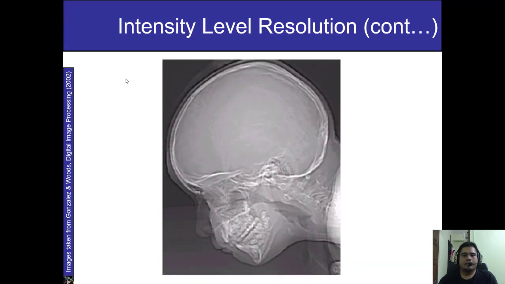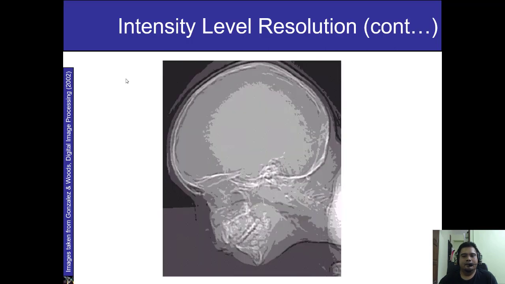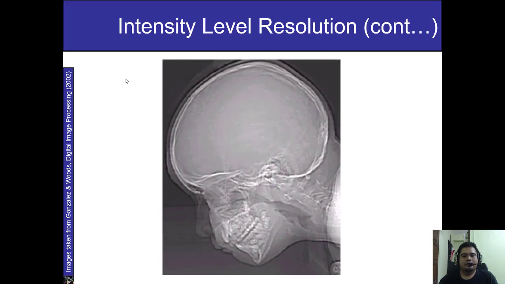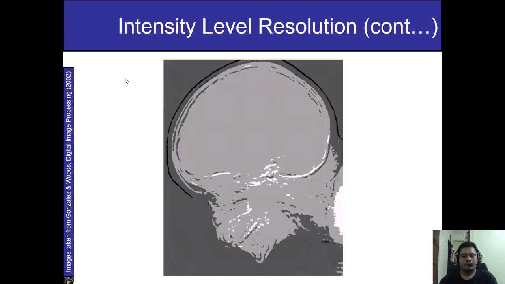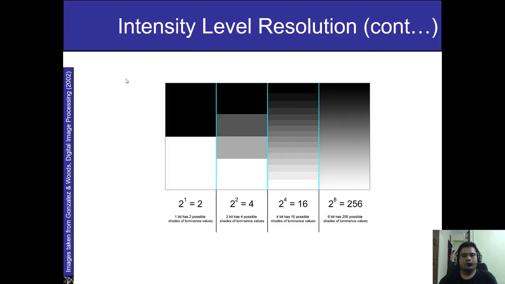So this is what happens if you reduce the intensity level resolution. This is the same image as before, another way to represent what actually happens. Again, the same thing I already highlighted in the previous slide.